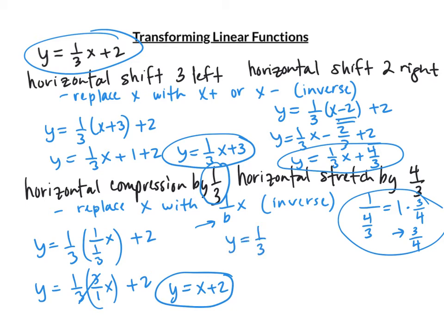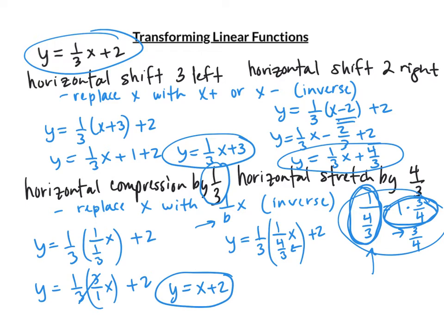Now again, I'm going to replace x with 1 over 4/3 x, plus 2. And that seems confusing, but just remember, like I showed you, that 1 divided by 4/3 becomes 1 times 3/4. All that happens is that bottom fraction flips, and the 4/3 in this example, the 3 ends up being up top.